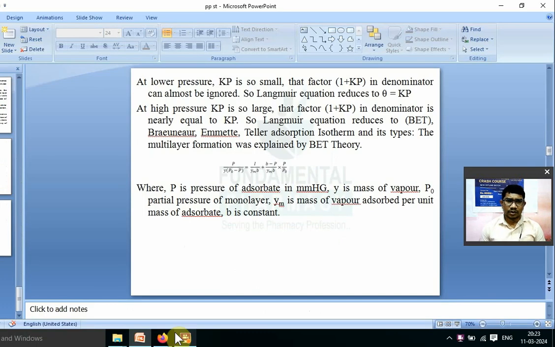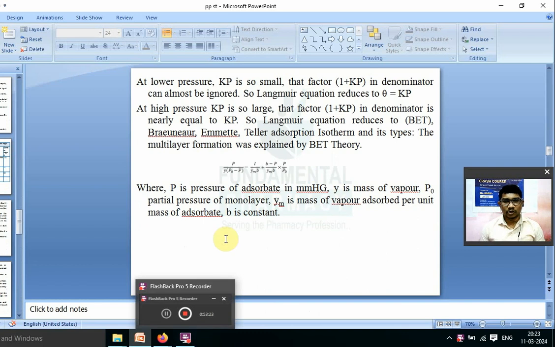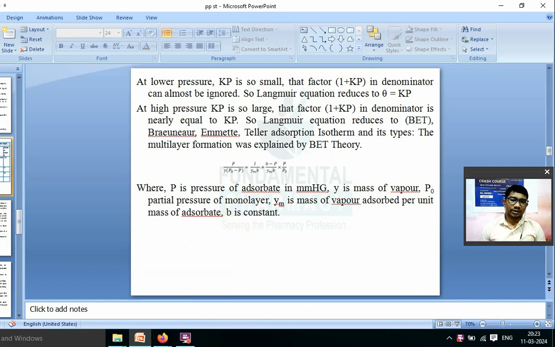Okay, adsorption isotherm and so on, we will cover that later. Adsorption means adsorption of liquid or gases on a solid to form a monolayer.